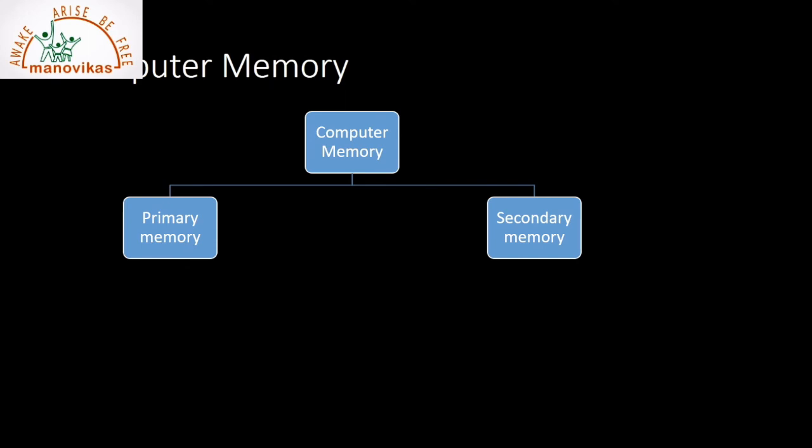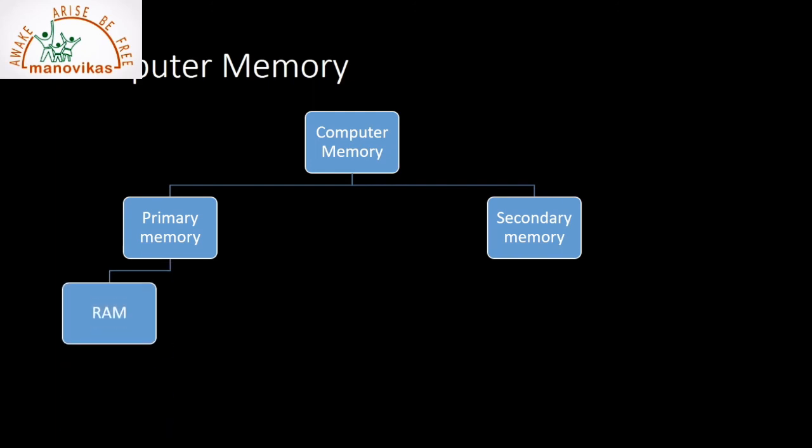Memory is a place where you store information. We can store information in two ways, primary and secondary. In primary memory, the information that is stored is for temporary purpose, and in secondary memory, information is stored on a permanent basis.